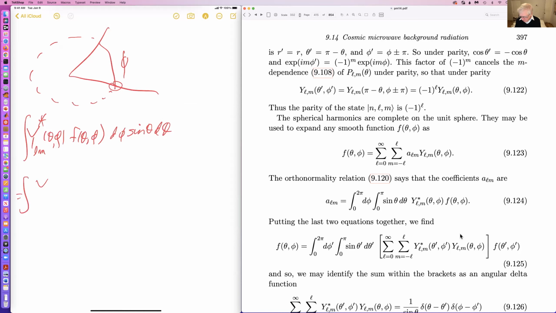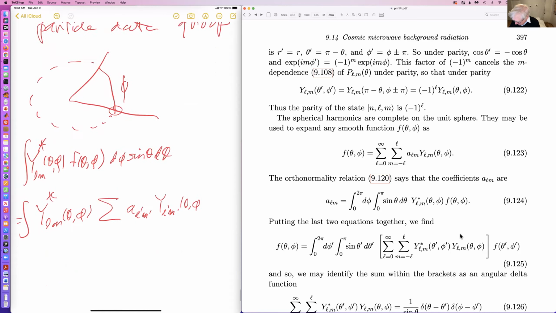This is equal to an integral Y star Lm theta phi, and now this is going to be a sum A L prime M prime Y L prime M prime of theta phi.